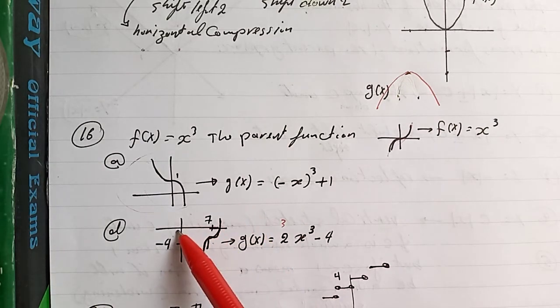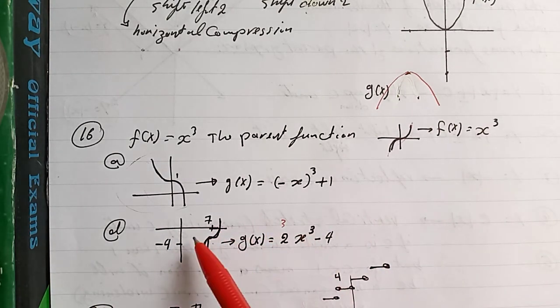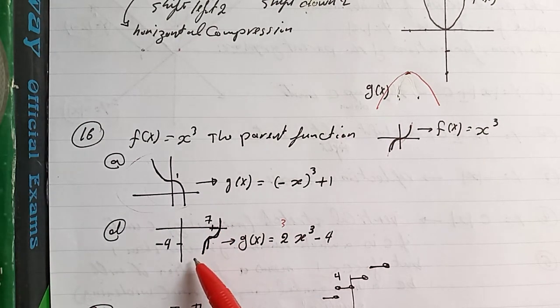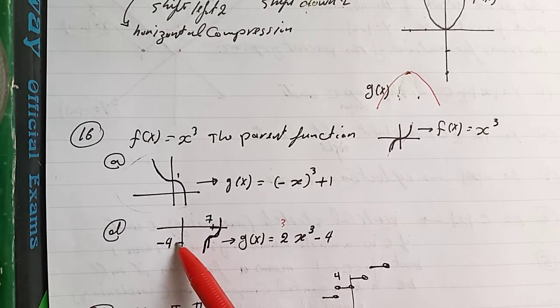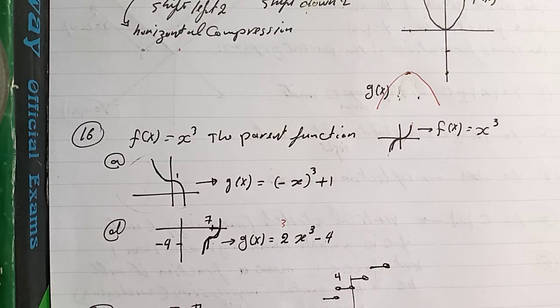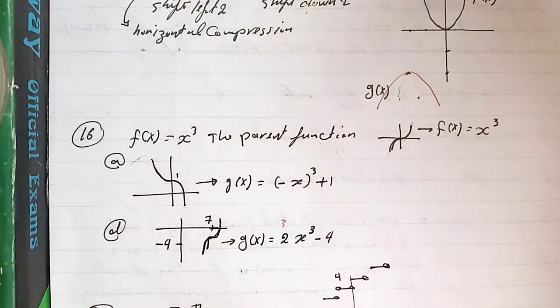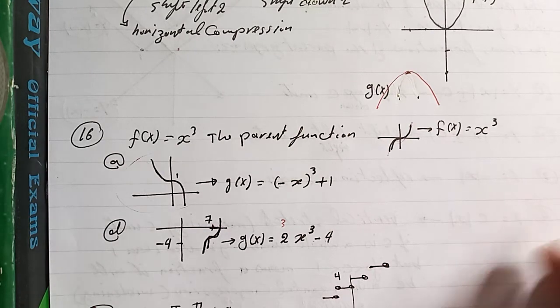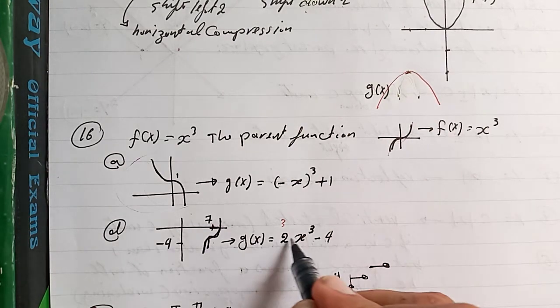is shifted to the right from the parent graph and down 4, so it will be minus 4, and it is shifted to the right. This is part D. Shifted to the right at 7, so the graph will be not this one.